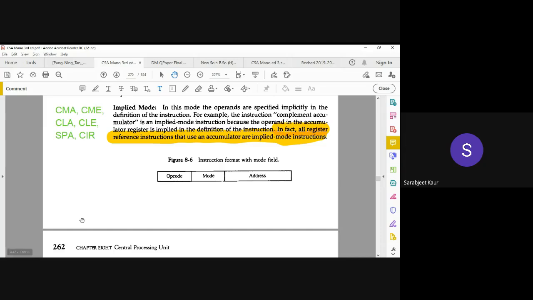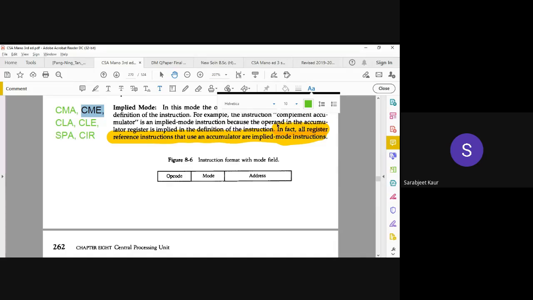For example, if I say CMA, what happens? Accumulator is complemented and the operation is complete. We don't need to give any explicit reference to an operand or the operand itself. Similarly, CME, CLA, CLE, CPA, I'm sorry, SPA, that is skip if positive AC, circular right.